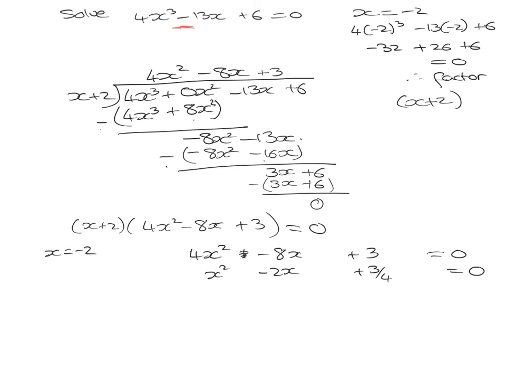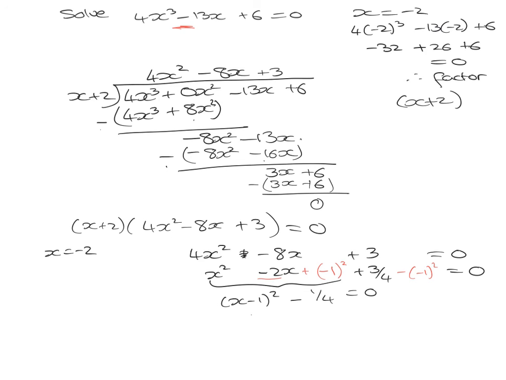And remember, completing the square, we take the x coefficient, not the x itself, half it, which gives us -1, square it, add it, subtract it. So this now gives us x minus 1 squared, and then we've got 3/4 minus 1, which gives us -1/4 equals 0.